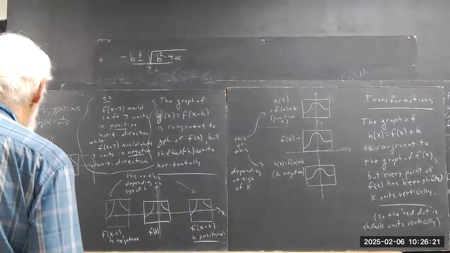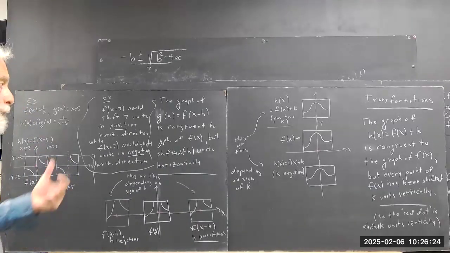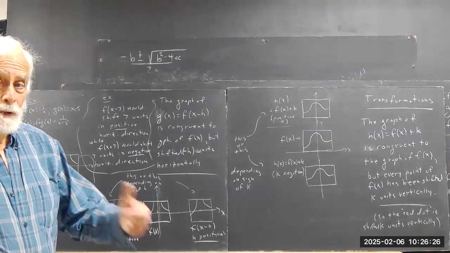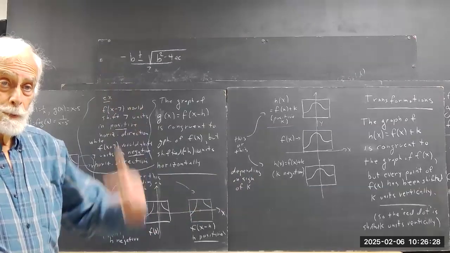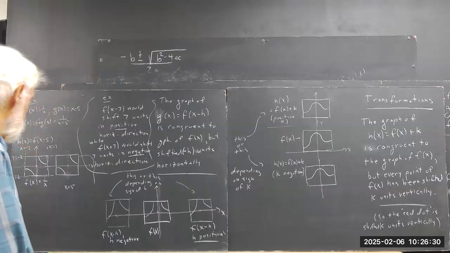Now it should be obvious that we can combine 2 shifts. We can shift right or left, and we can shift up or down. So let's try this.